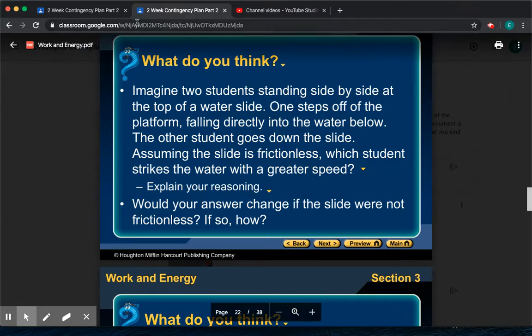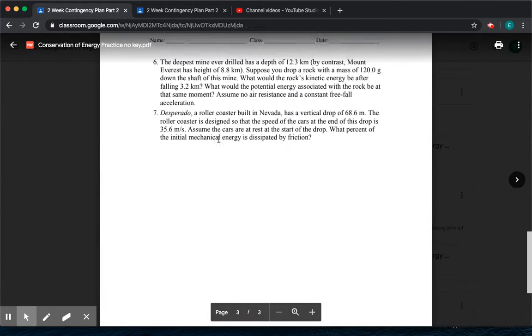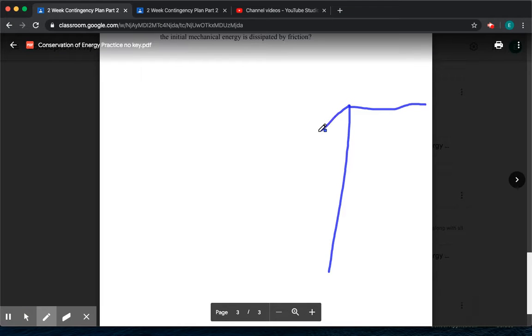Okay, so you have a diving board, and you have a slide that goes down to the water. They both go to the water, and you have some water here.